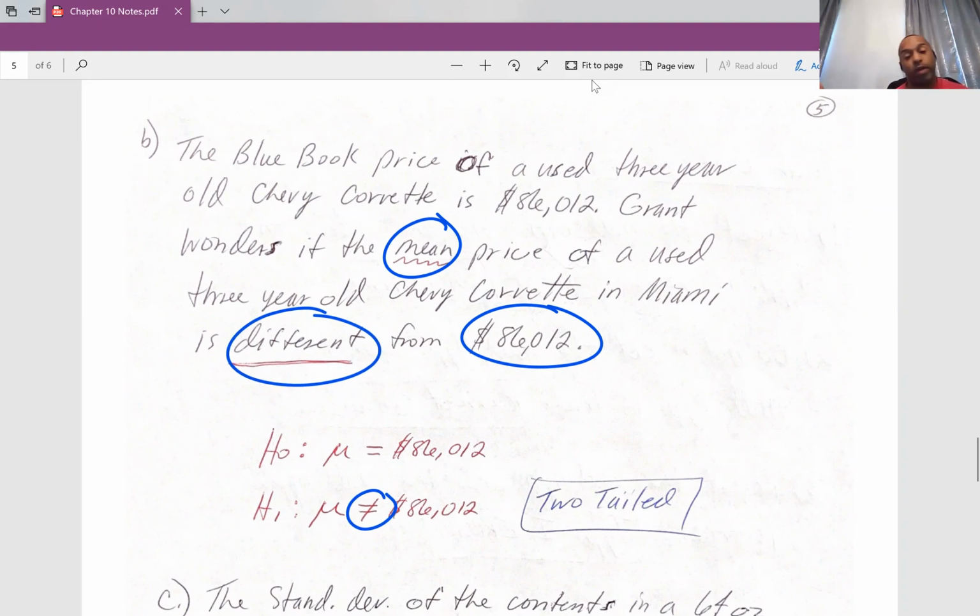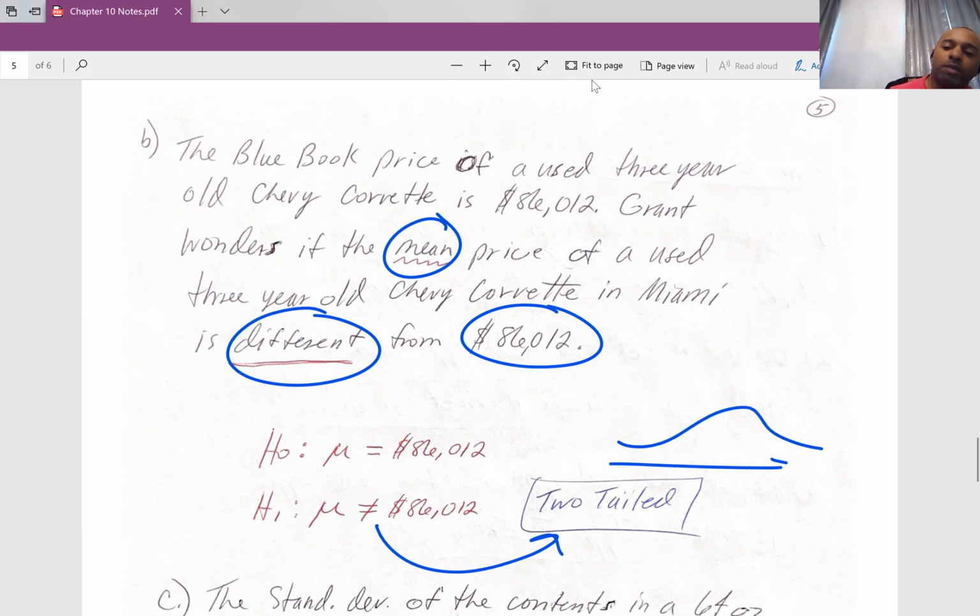Then the keyword that's going to dictate the symbol right here is different. So in other words, it could be greater than or less than. We don't know which. We want to know if it's going to be different. So that's why we use the not equal symbol. And if it's not equal, that means it's going to be two-tailed.